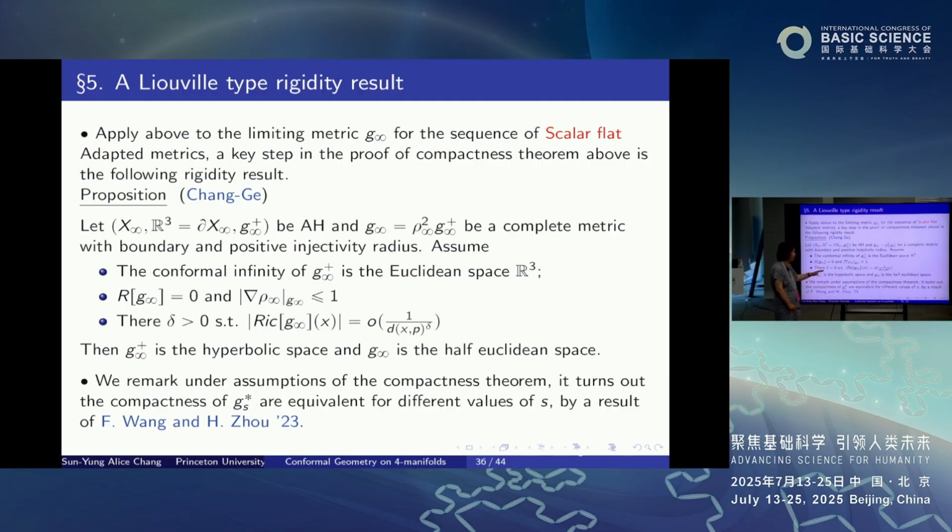This curvature decay property allows us to study the limiting metric and draw a contradiction argument, saying it reaches hyperbolic space and its G infinity is the half Euclidean space.